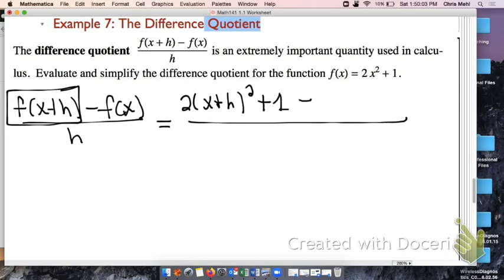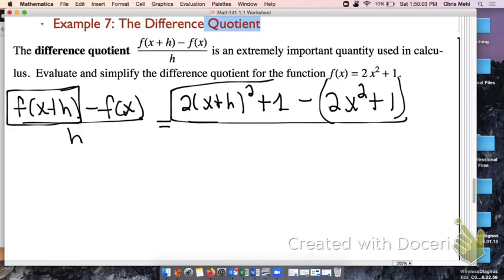Now I'm supposed to subtract the original function, f of x. Oops, let me erase that and rewrite it. 2x squared plus 1. Now I have to put that in parentheses because it has more than one term.